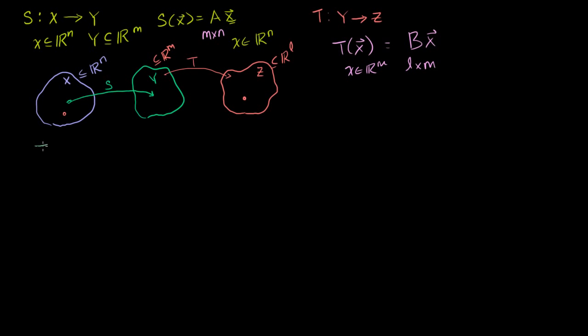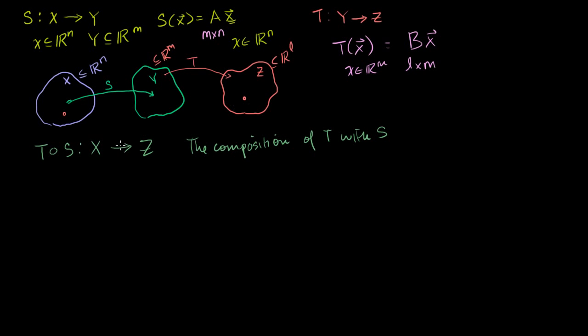Let's call this T with this little circle S, a mapping from X all the way to Z. And we'll call this the composition of T with S. We're essentially just combining the two functions in order to create some mapping that takes us from set X all the way to set Z.